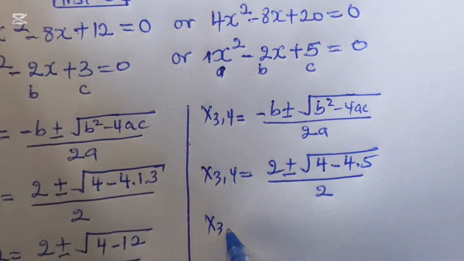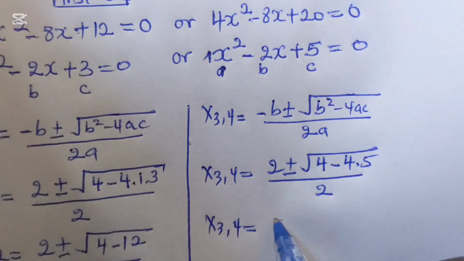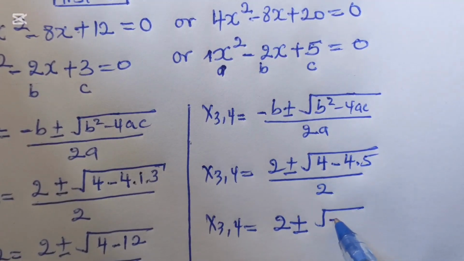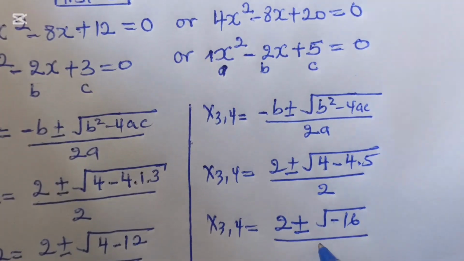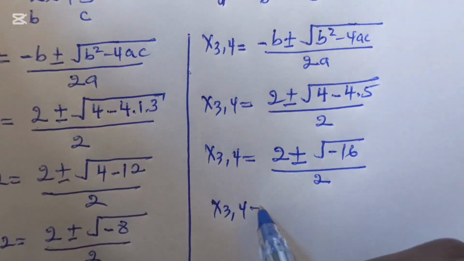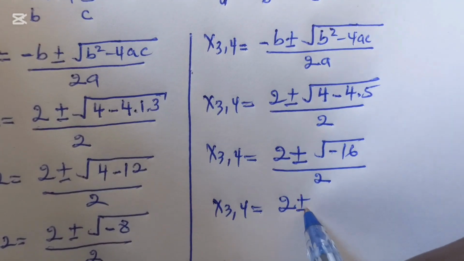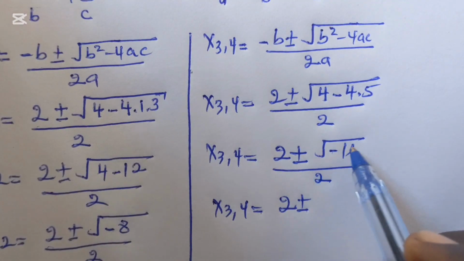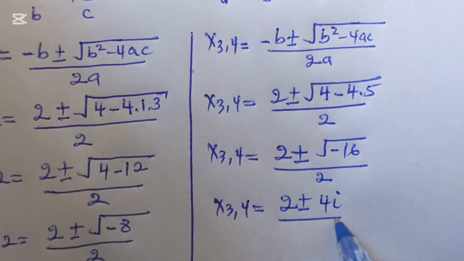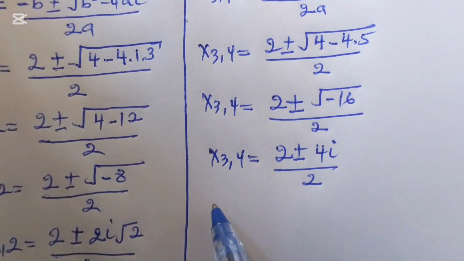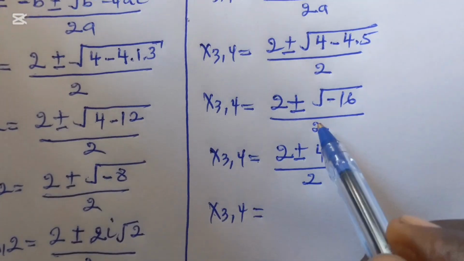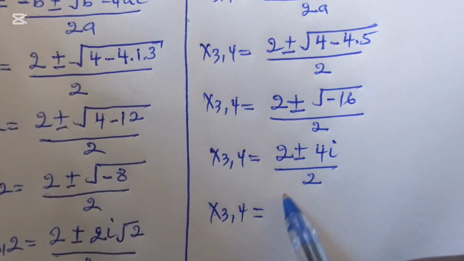Then x3,4 will be (2 ± square root of -16) over 2. Then x3,4 will be 2 ± 4i over 2. Then by factorization, x3,4 would be, dividing by 2, here we'd have 1 ± 2i.